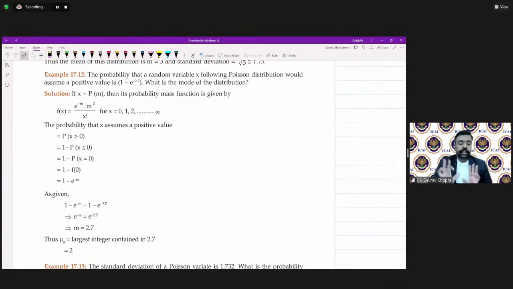We have to see what kind of information is available with us. We are simply given that the Poisson distribution would assume a positive value, that is, the probability is given in terms of e, that is 1 minus e to the power of minus 2.7. This is given.